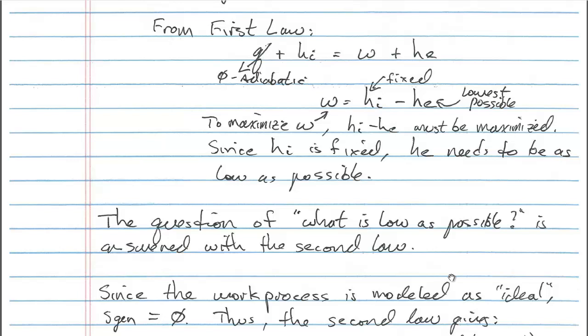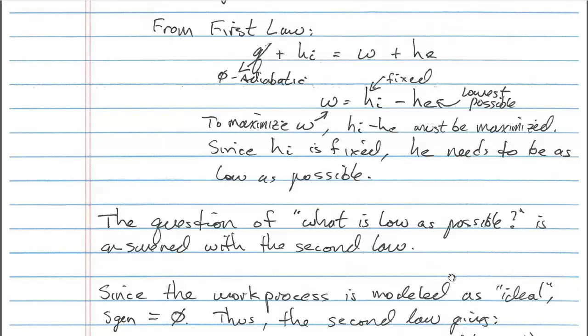Since HI is fixed, that's a given condition to us, then the way that we maximize that difference is by making the exit enthalpy as low as possible. So to maximize the work from our work device, we need to maximize HI minus HE, which means that we need to make the exit enthalpy as low as possible.